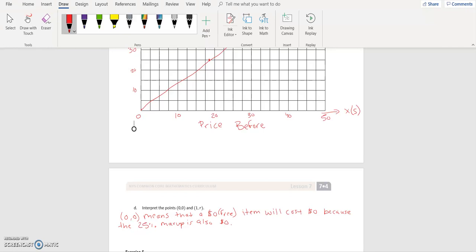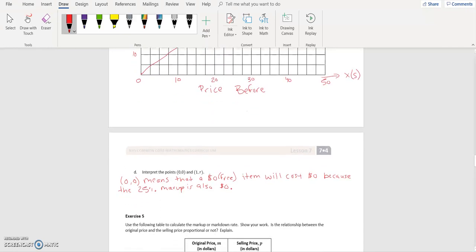If we multiply anything times 0, we're going to get 0, so it's going to be 0.